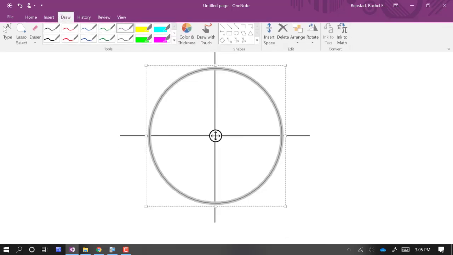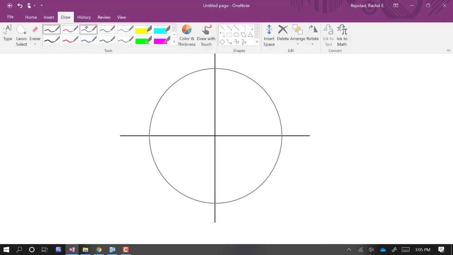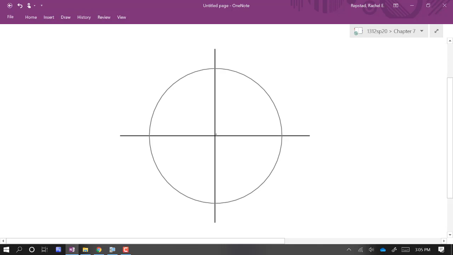Okay. So our first one was at 30 degrees. Our other one was at 150 degrees. And then our last one, our third one, was down here at 270 degrees.